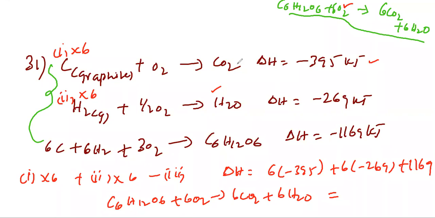Minus 2815 kilojoules per mole. Yes, good. So you are going to get minus 2815 kilojoules per mole.